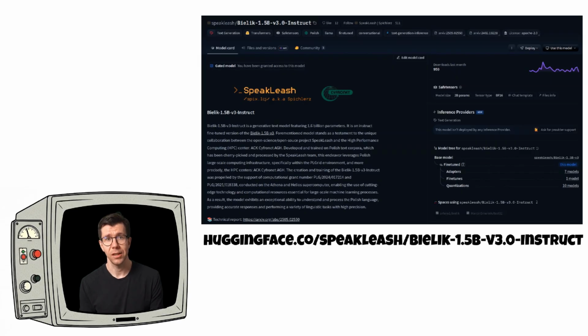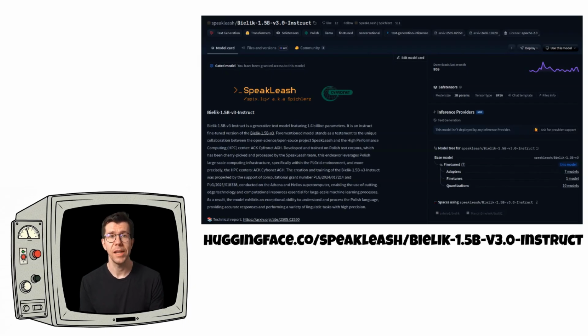What caught my attention? It uses some really interesting architectural improvements like grouped query attention, SwiGLU activation and RMSNorm. And since it's focused on Polish, it's perfect for us to learn with.